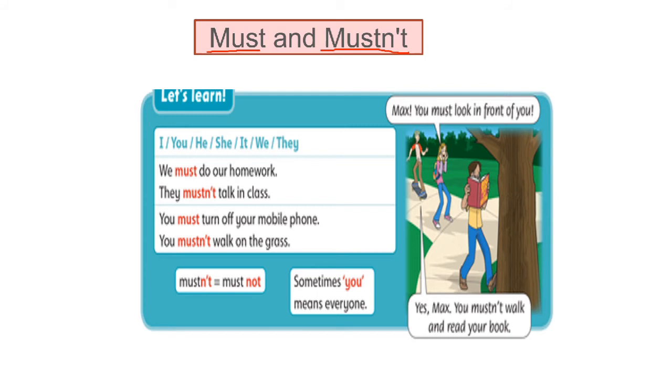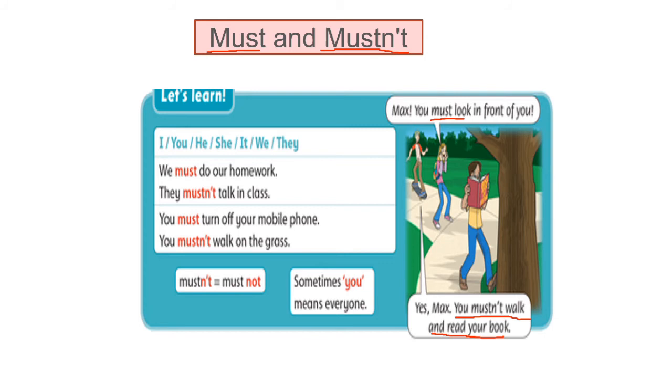He's reading a book, and he doesn't know in front of him is a big tree. So the girl says, Max, you must look in front of you. And then the boy behind the girl also says, yes, Max, you mustn't walk and read your book. So we learn about must and mustn't.